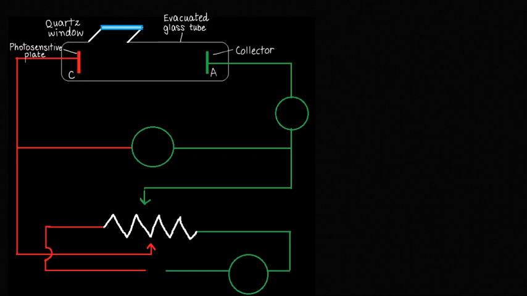And then you have a collector plate which acts as your anode. Next, here you have a microammeter which detects the current. And then here you have a voltmeter which detects the applied voltage.